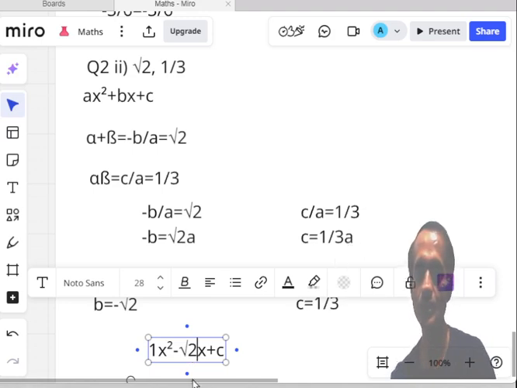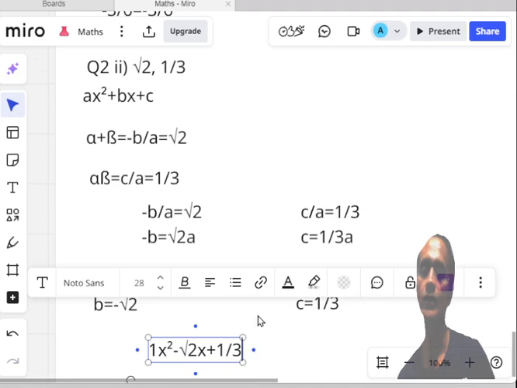And in place of c, we write 1 by 3. So we have got the quadratic equation from the information provided in question 2, that the sum of zeros is root 2 and the product of zeros is 1 by 3. One of the quadratic equations which satisfies this condition is x square minus root 2 x plus 1 by 3. So with this we come to the end of this chapter on polynomial.